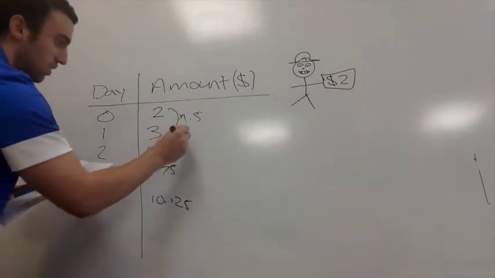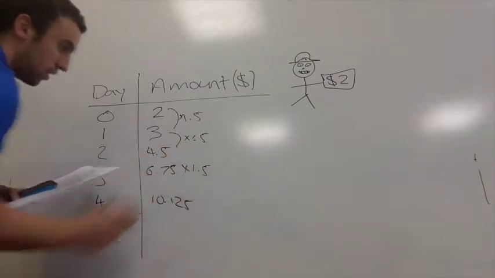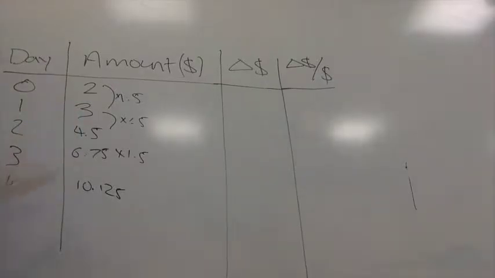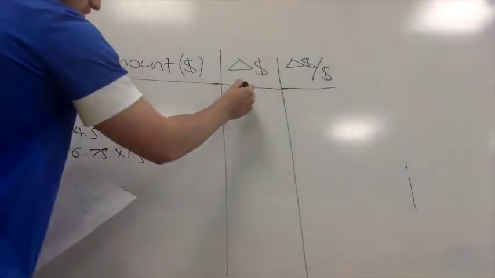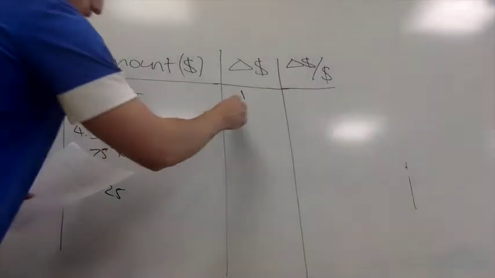From here to here, we times by 1.5. This pattern is one of the main concepts of the exponential model. I want to draw your attention to what happens between the day 0 and day 1. The change in Greg's money has gone from 2 to 3. This is a change of 1. If we look at the change from day 1 to day 2, it has changed 1.5.